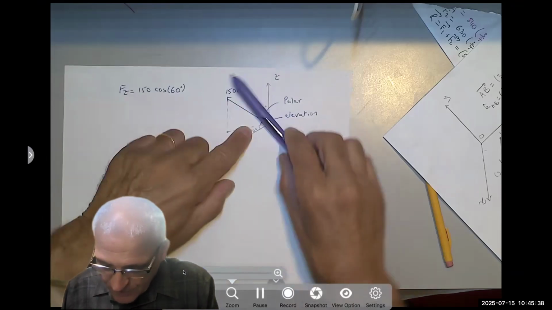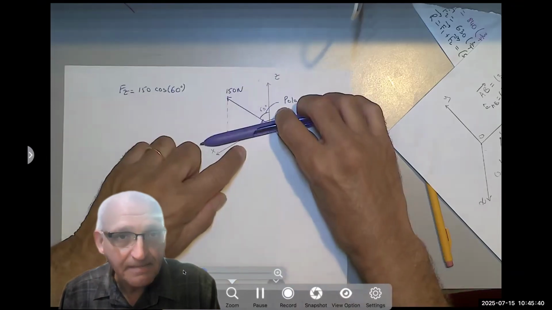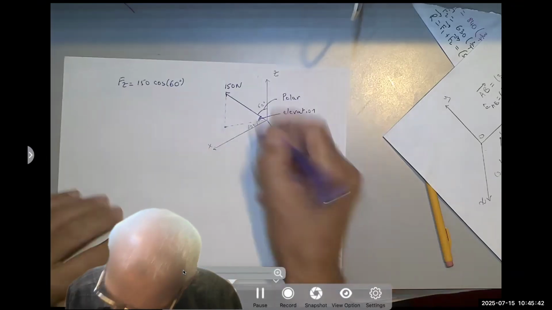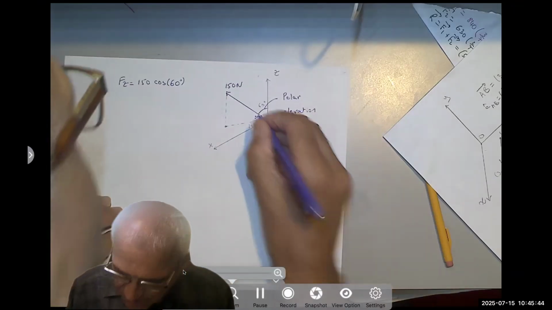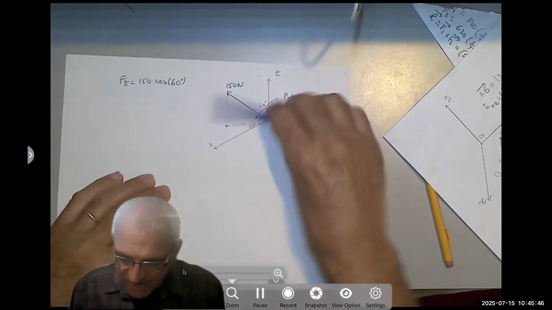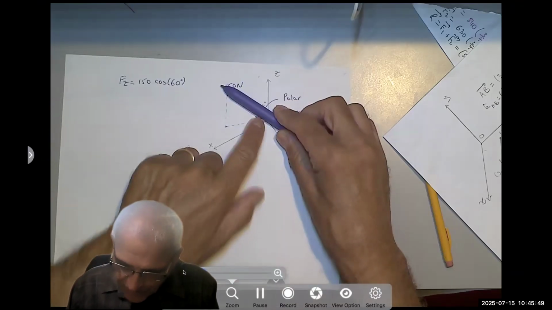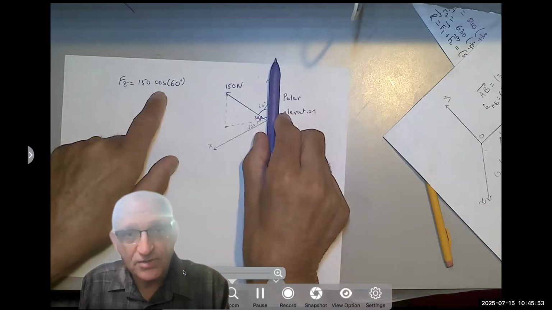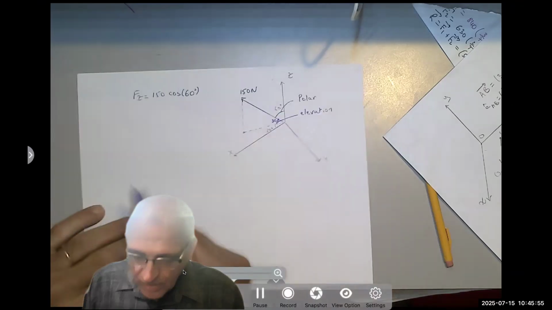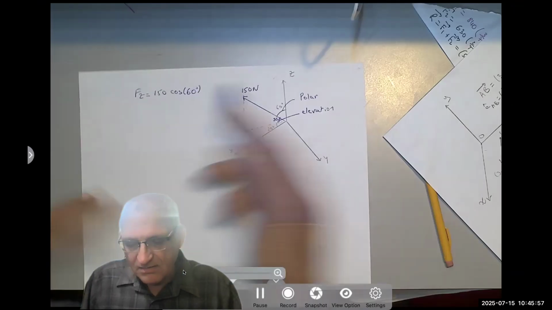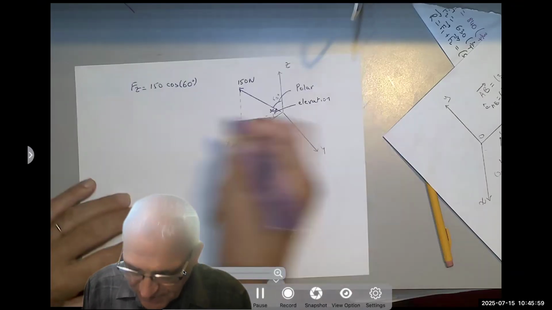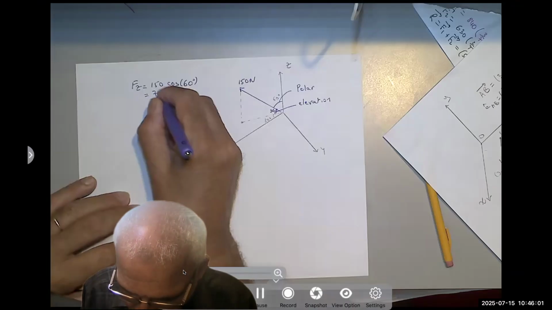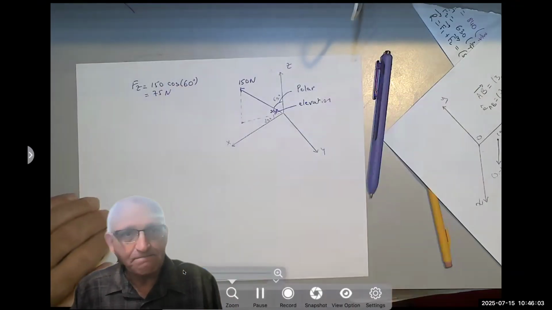If you want the other one, you multiply by sine. Likewise, if I tell you this angle is 30 degrees, that's the elevation angle. So cosine 30 will give me that, and sine 30, which is the same as cosine 60, would give me Z. That's easy. Cosine 60 is 1/2, and 150 times 1/2 is 75 Newton. So I found that very easily.